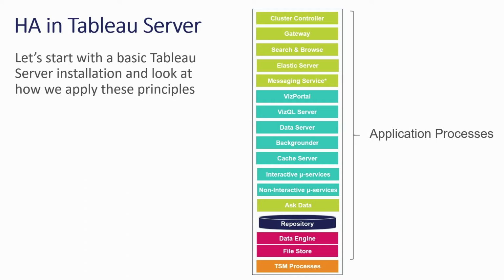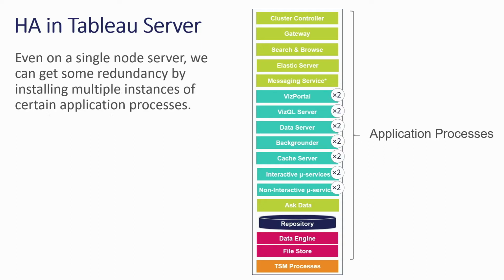So out of the box, we have some basic resiliency built into the system. So if a service goes down, it's going to be restarted automatically by our services manager. And it could take a couple of minutes for this process to happen, but it will come back up if it's able to. In addition, these processes, which are in teal, you can add multiple instances even on a single node.